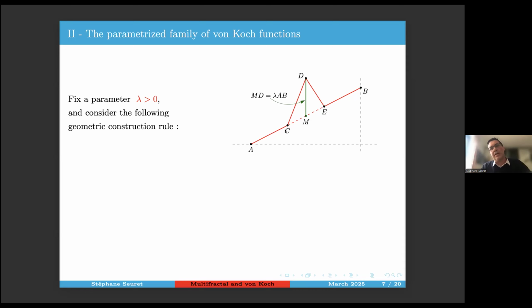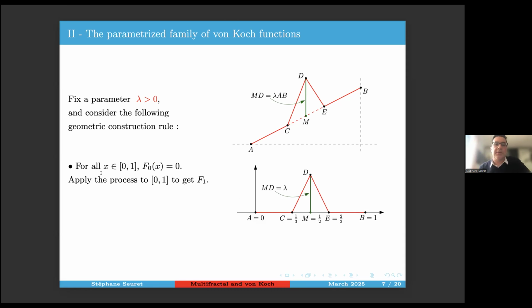To go to the next step of the construction, you replace the middle third segment CE by two segments, where the height of the MD segment, the central one, is a fixed proportion of the original segment. I think it's clear, right? So if you start with a horizontal segment, you get this triangle, just like the snowflake.